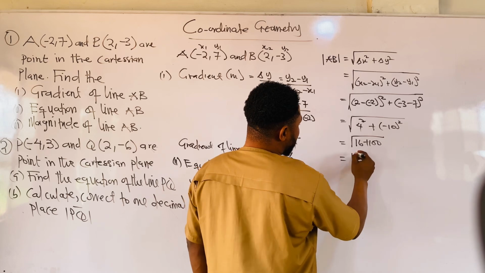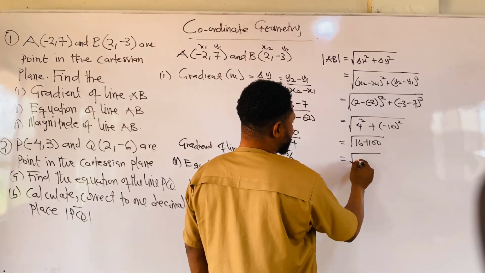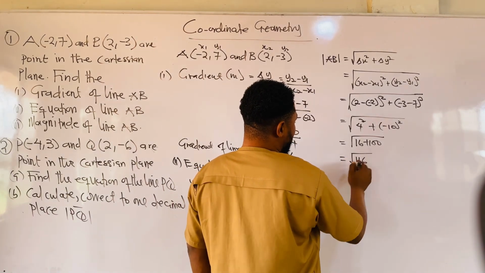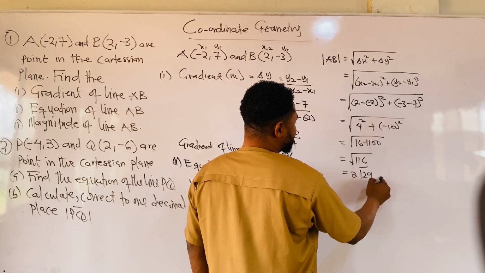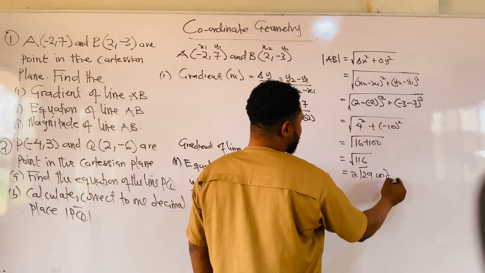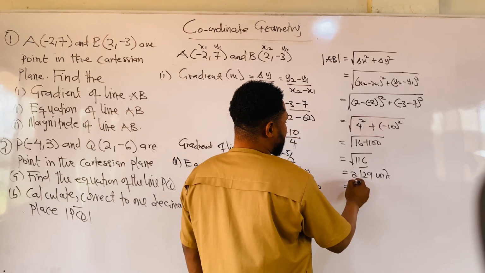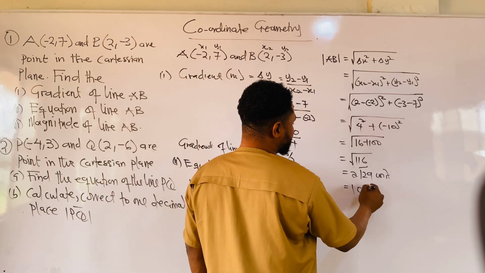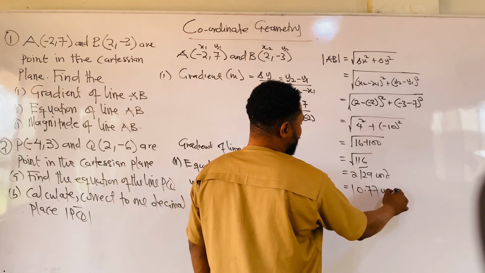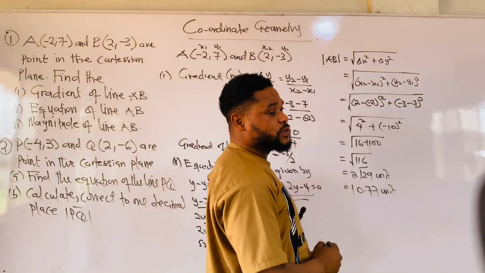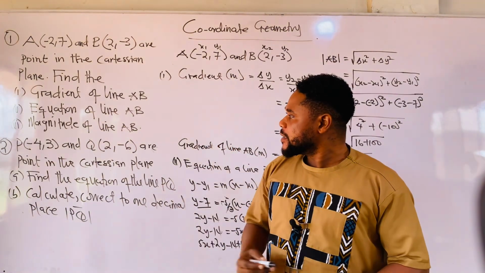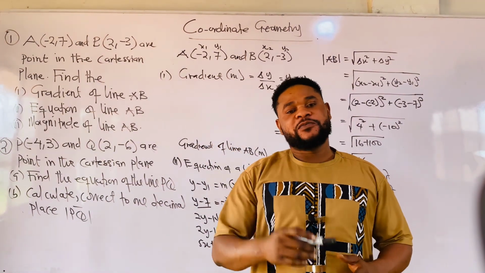Okay, now we add the 16 to the 100, and that will be 116, which we can break it down as 2 root 29 unit, or in decimals, we can have 10.77 unit. So this is how we can find the magnitude of line AB.